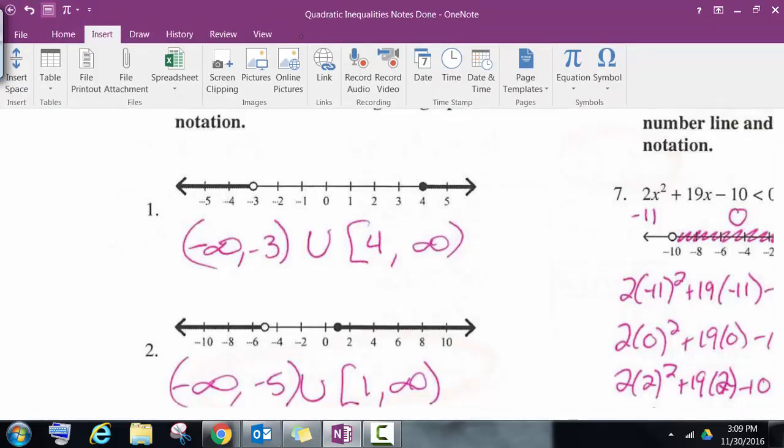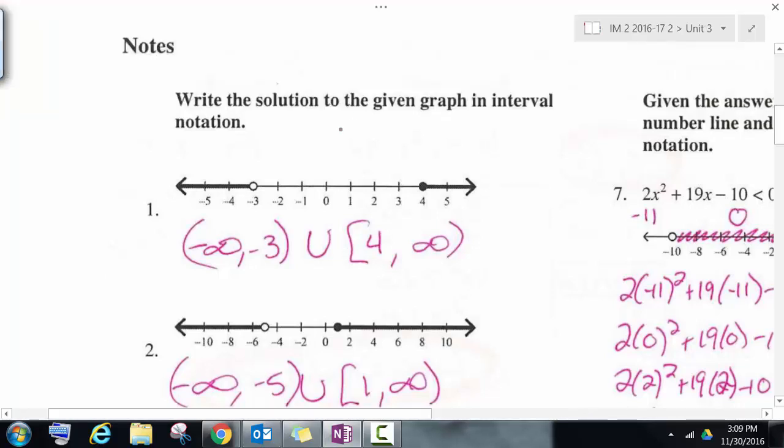So, again, I can get my pen going. U means and. So my answer here is from negative infinity to negative 3, not including it, so that's why I have parentheses. Union, so and, 4 to infinity, including 4 because it's shaded in, but parenthesis on infinity because we always have parentheses.